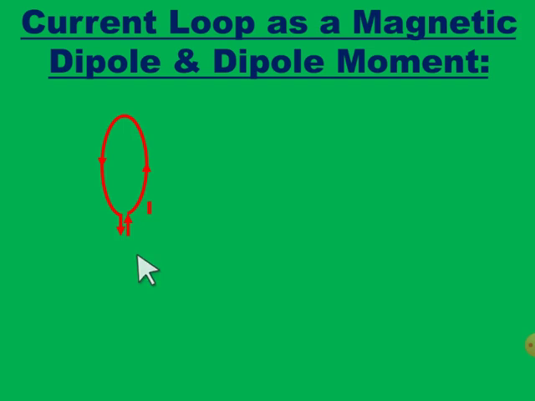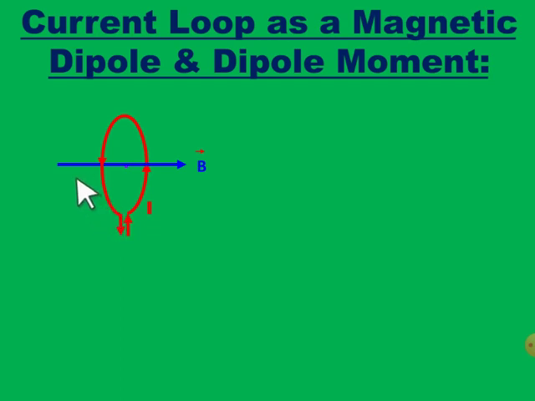Let's see the direction of the magnetic field due to this circular current-carrying loop. If you take this as the center of the circular coil, the direction of the magnetic field will be like this.